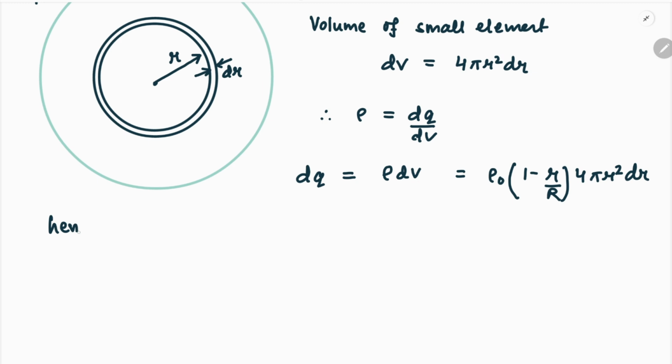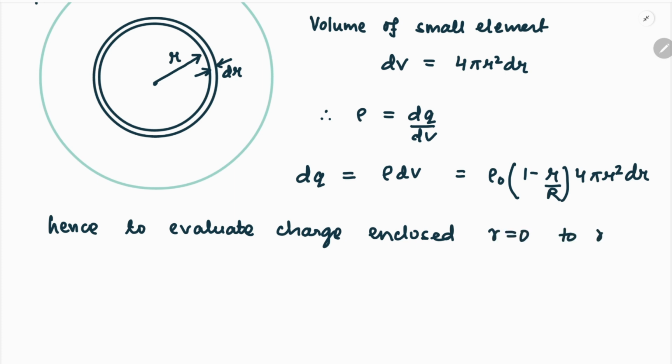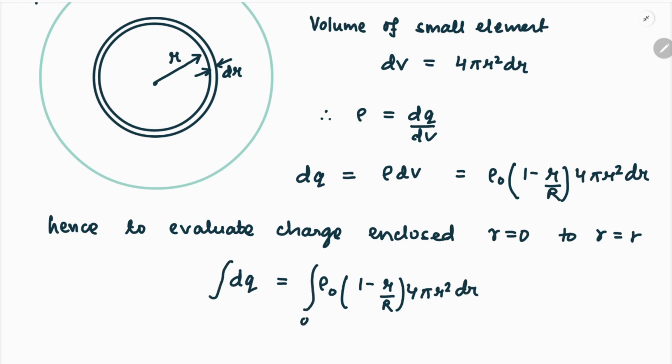So to evaluate the charge enclosed for a distance from 0 to r, we say dq equals rho naught (1 minus r by R) 4 pi r squared dr, from 0 to r.